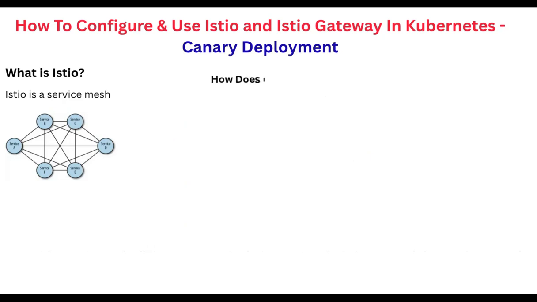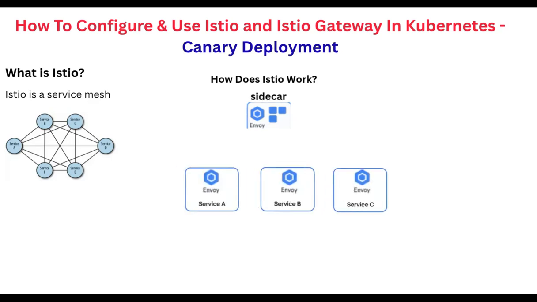So how does Istio work? Istio uses something called a sidecar. A sidecar is a small proxy, which can also be called an Envoy proxy, and that Envoy proxy is going to be injected into each microservice.